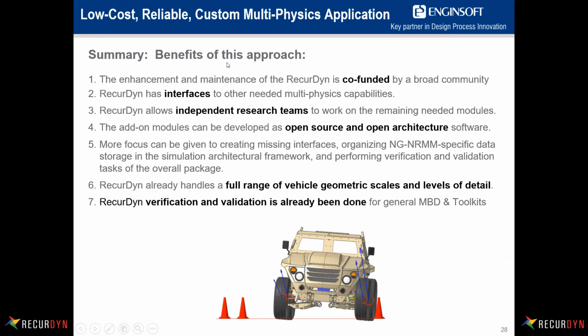So, again, what are the benefits? We talked about this in the beginning, but just to review what we've now seen: with RecurDyn being co-funded by this broad community, the broad community has already driven the creation of so many interfaces in different ways, which made it well prepared to do this custom application. And these interfaces are actually to other multi-physics type capabilities, which then really allows for some high fidelity simulation.